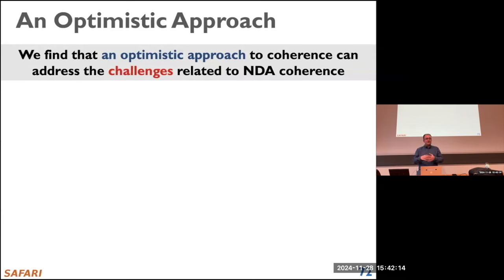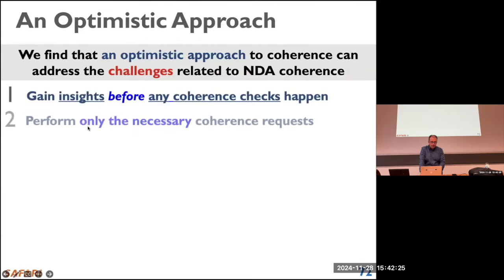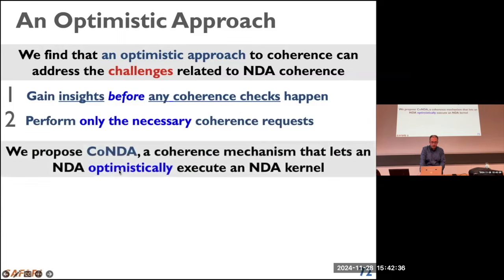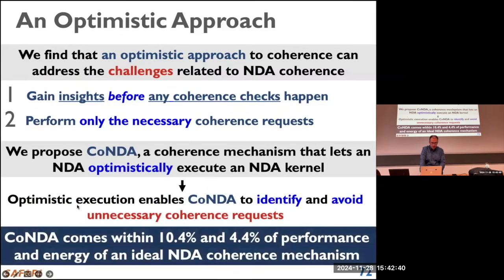So I assume that things should be okay. So you run NDA and assume that everything would be fine, meaning that you're not going to run into coherence issues. But then after that, you need to check. After the execution, you do these coherence checks. And we need to perform only the necessary coherence requests, meaning that we need to update or rerun execution.